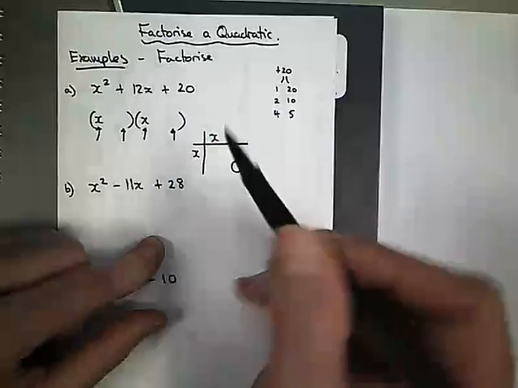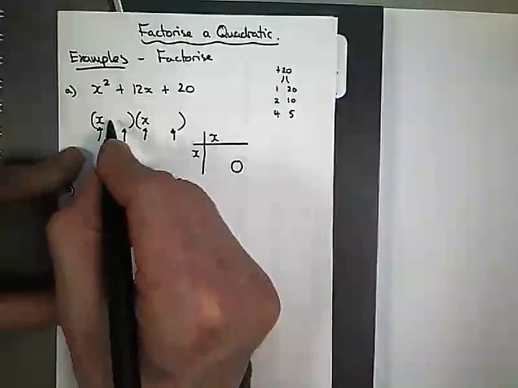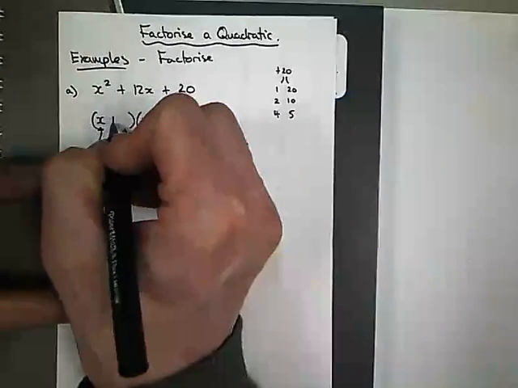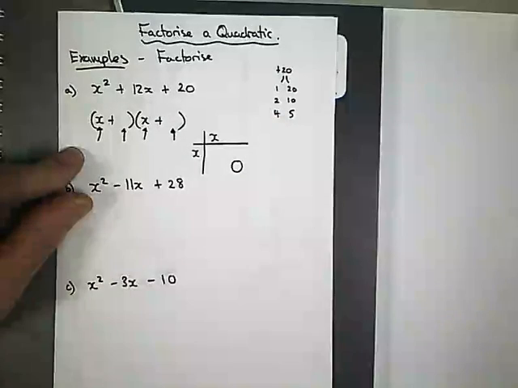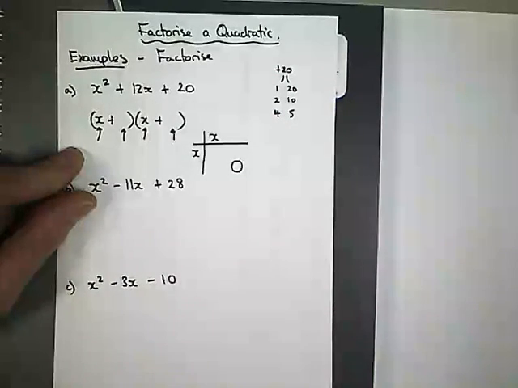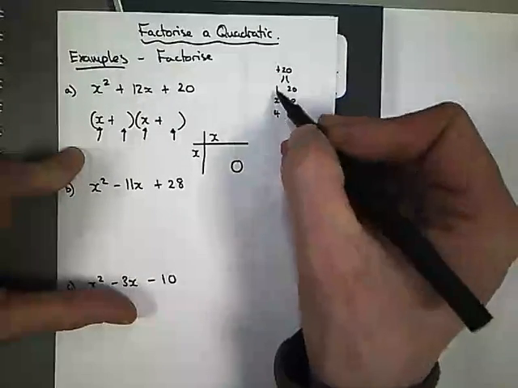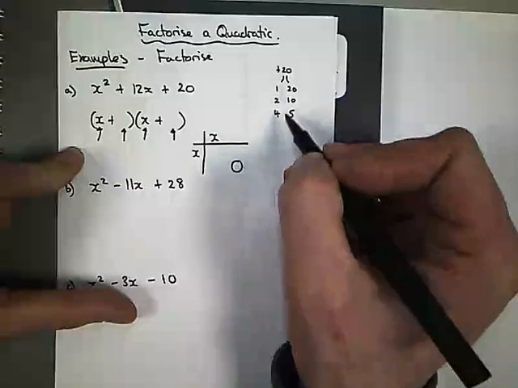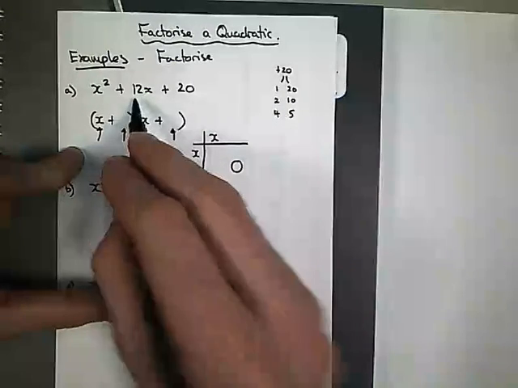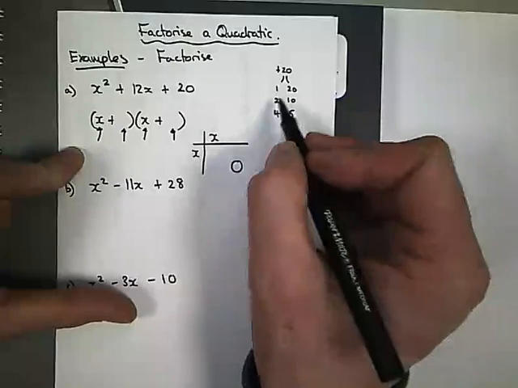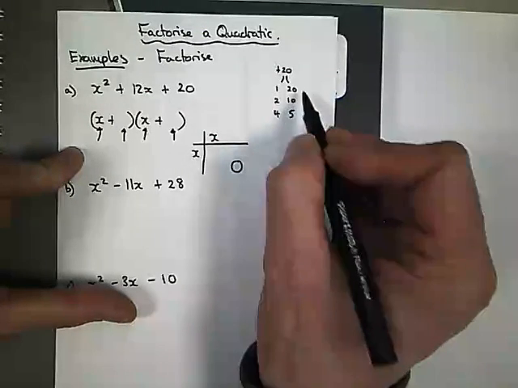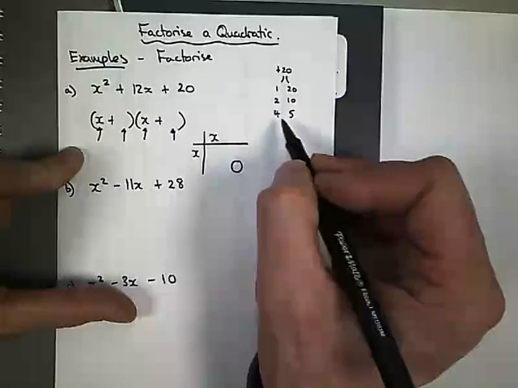So therefore, both these numbers must be positive, so we must have pluses in my brackets. Now, which two numbers out of these pairs will add together to make 12? That's my next step. I need to look at these pairs of numbers and decide which of them add together to make 12, and I think it's quite clear.